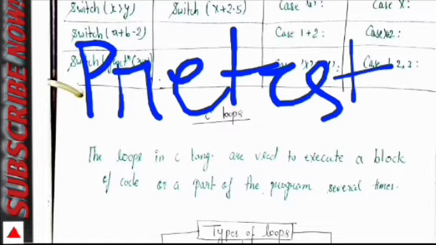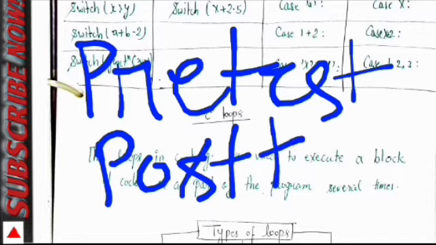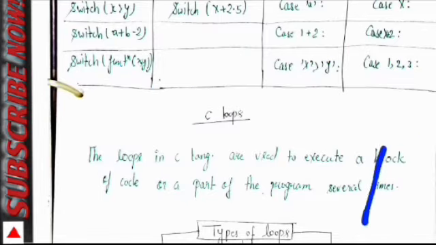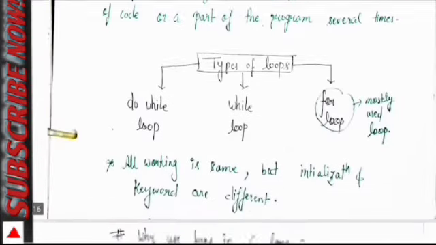And in the worst case, in the post-test loop, we don't know how many times we have to execute, and the initialization and condition. So if you don't know the number of steps of execution, here we can use the post-test loop, which is the do while loop, and pre-test loops are for and while loop.